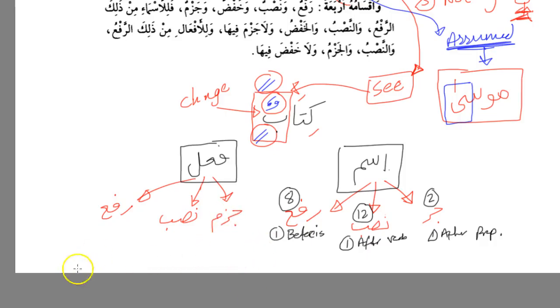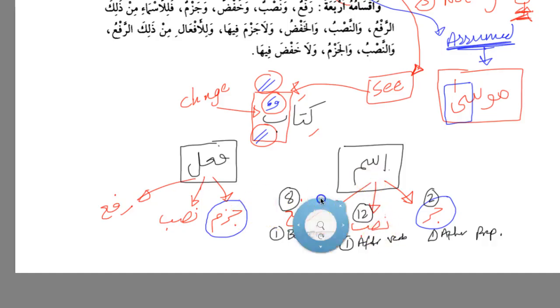So you can see again that jazm is unique to fi'ls and jar is unique to isms.